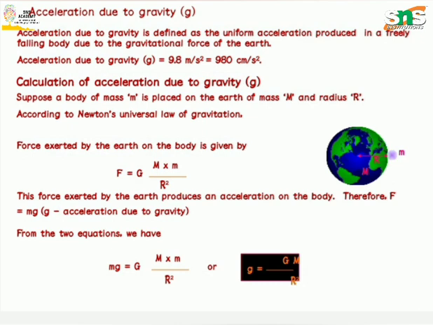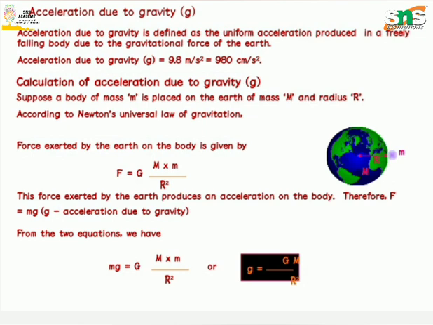Here, M is the mass of the earth, whose value is 6 into 10 to the power 24 kg, and the radius of the earth is 6.4 into 10 to the power 6 meter. When you solve this for small g, you will get the answer as 9.8 meter per second square.